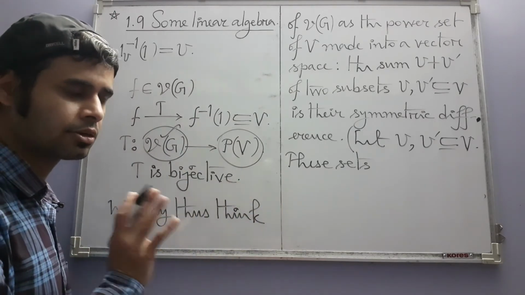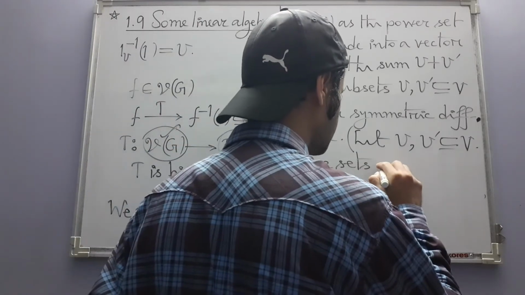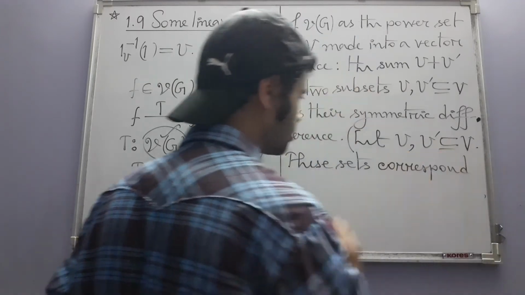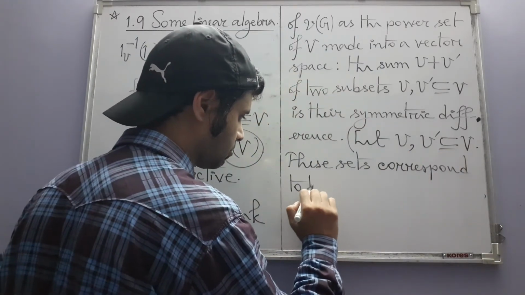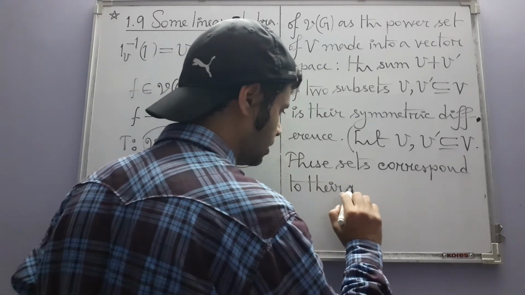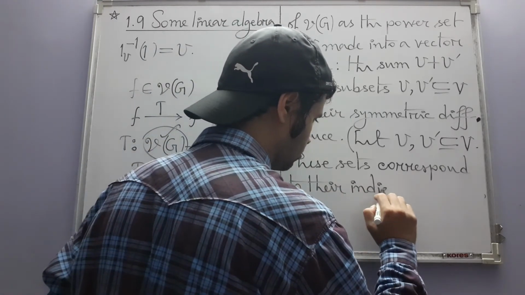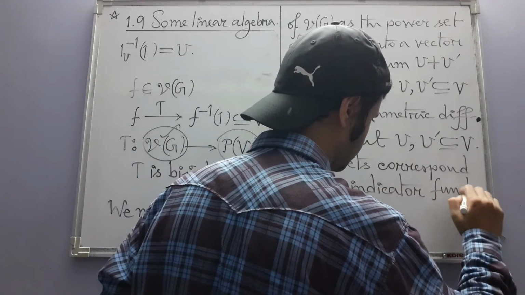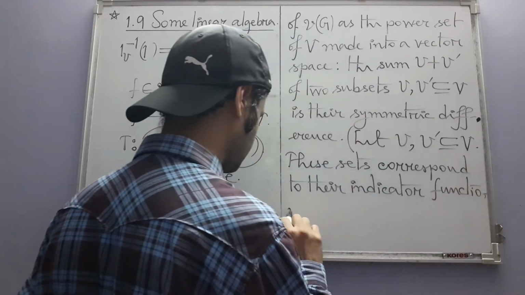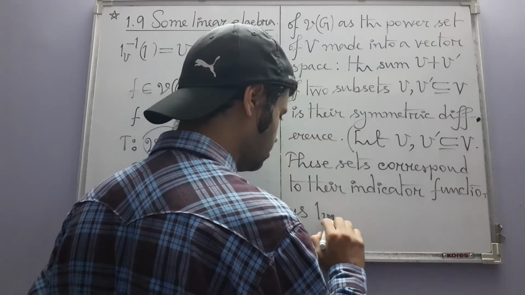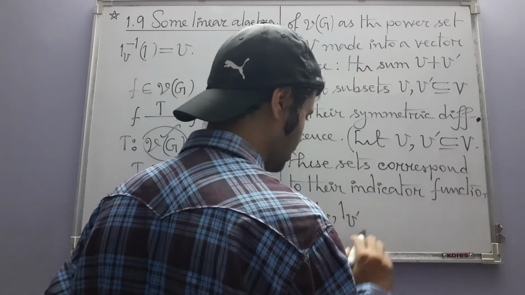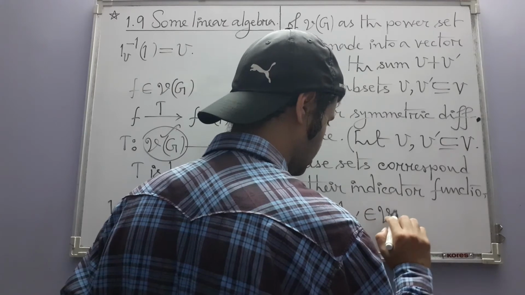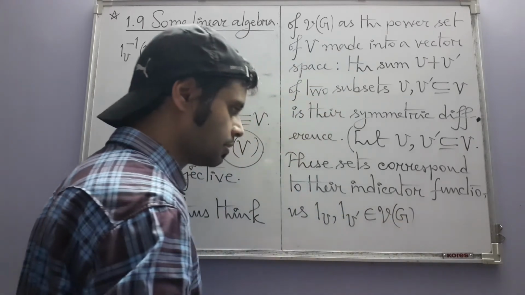In fact, that's how the author has written. These sets correspond to their indicator functions 1u and 1u prime in the vertex space respectively.